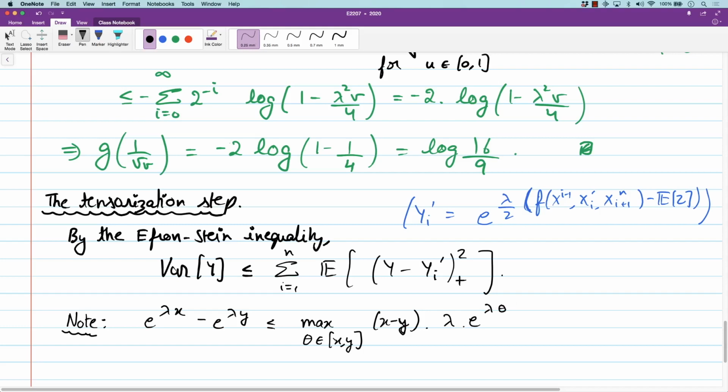And again, e to the power lambda theta is an increasing function of theta. So this is less than or equal to x minus y into lambda into e to the power lambda y, because I'm assuming y is greater than x.